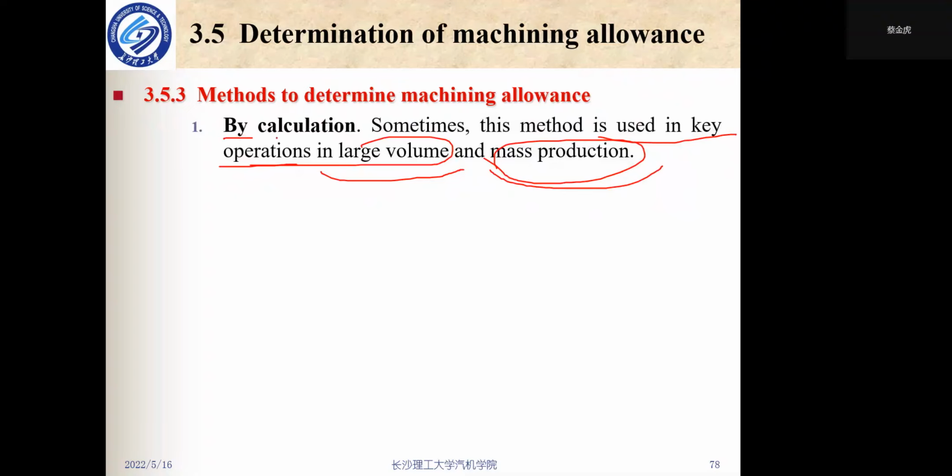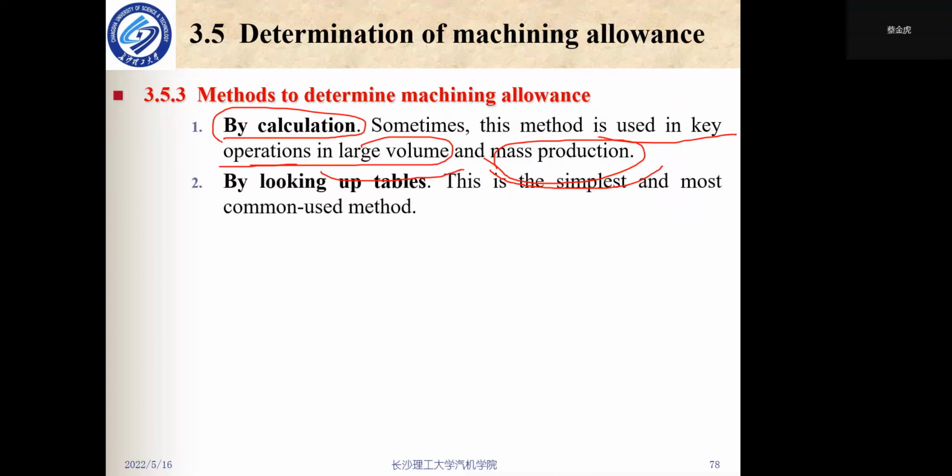The first method is by calculation. And the second method is by looking up tables. Combining with some specific machining method, the machining allowance is obtained by looking up the handbooks for machining allowance, machining process.